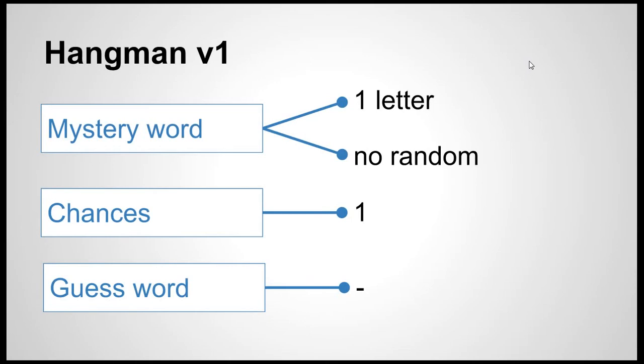To make Hangman version 1 easier to build, we have the mystery word with only 1 letter and no random, and the number of chances is only 1, and the guess word is just a dash. Okay, you get that? So for now, we have all the features and we understand. We pass the planning phase.